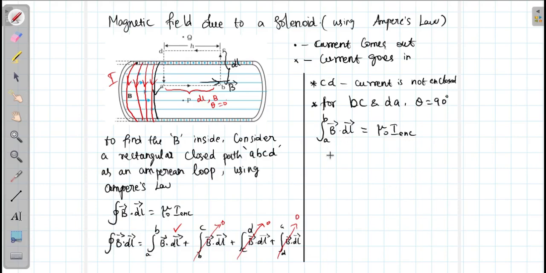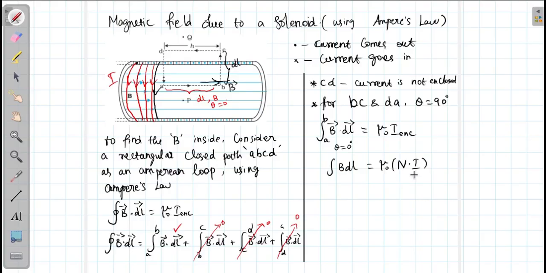Solving this integral with theta equal to 0 degrees, integral B dl is equal to mu naught times the enclosed current, which is due to the n number of turns times I.